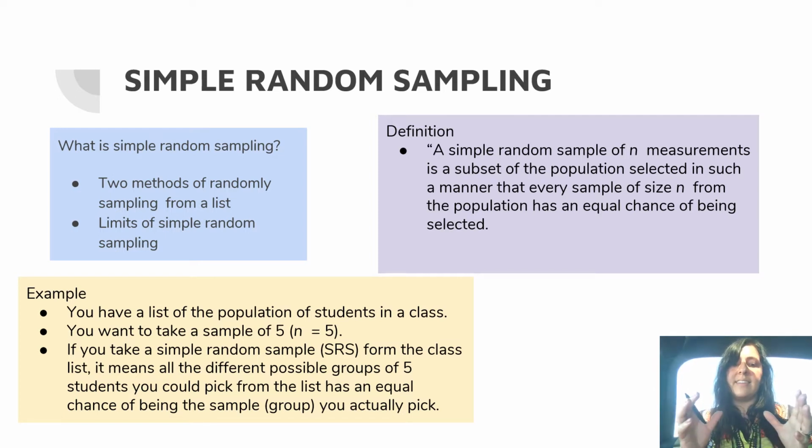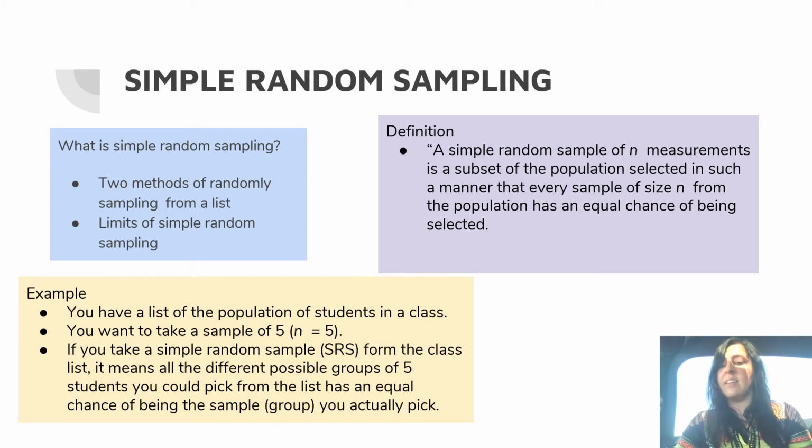So if you take a simple random sample, or an SRS, from the class list, that means that all the different possible groups of 5, since you're taking 5 individuals from the population, have an equal chance of being picked, a completely equal chance.